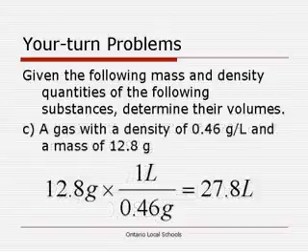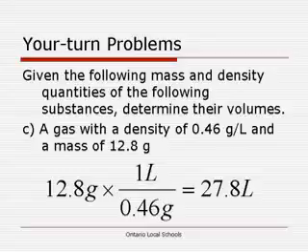And finally, our last your turn problem. Hopefully you're doing well with these. We have the gas with a density of 0.46 grams per liter and a mass of 12.8 grams. So we start with the quantity we know we have, 12.8 grams. We turn the density upside down to use as a conversion factor so that our volume in liters is on top and our mass unit of grams is on the bottom.